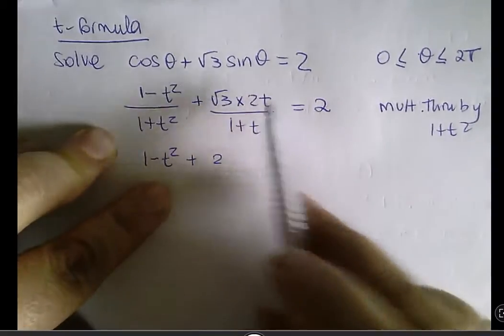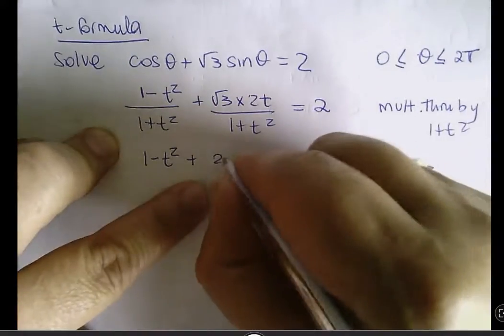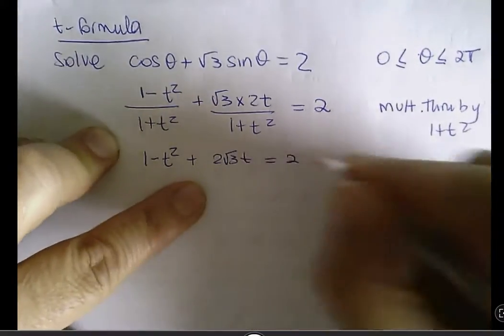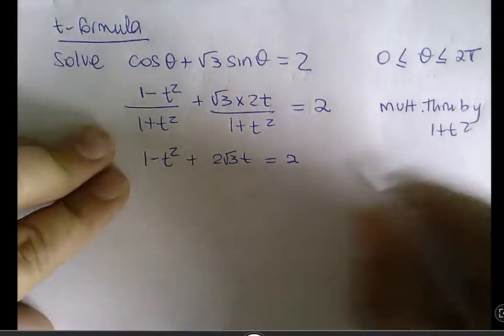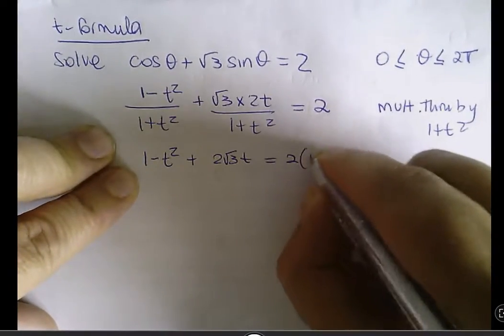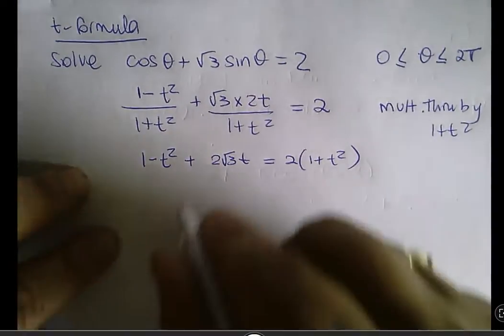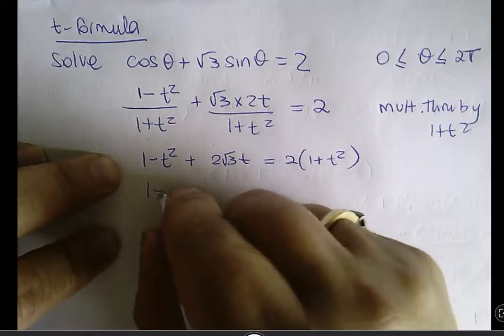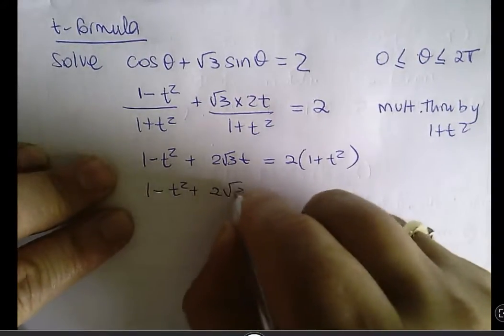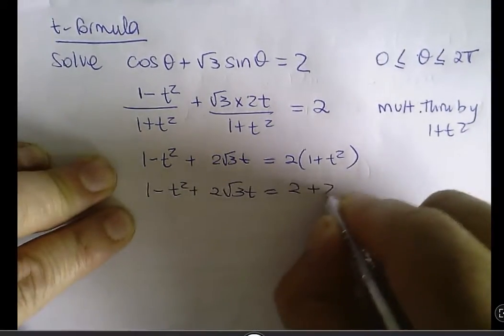What happens when you multiply root 3 by 2? 2 root 3t equals 2 what? 2 bracket 1 plus t squared, or 2 plus 2t squared. So now let's expand: 1 minus t squared plus 2 root 3t equals 2 plus 2t squared.